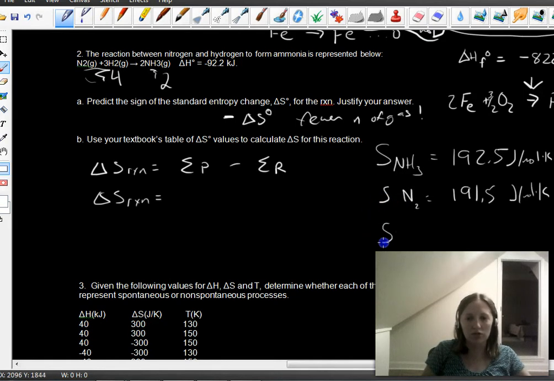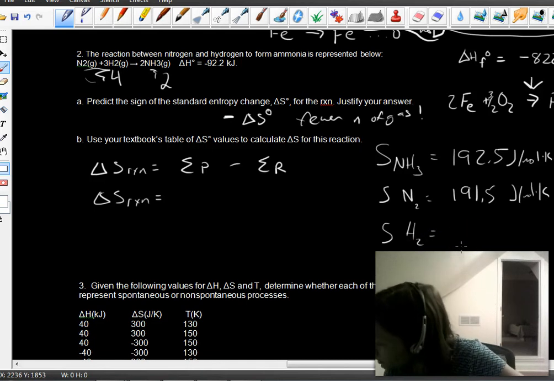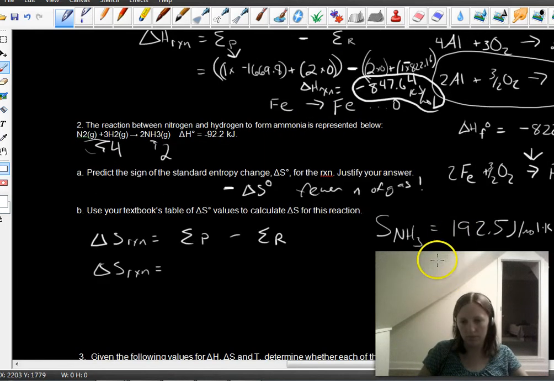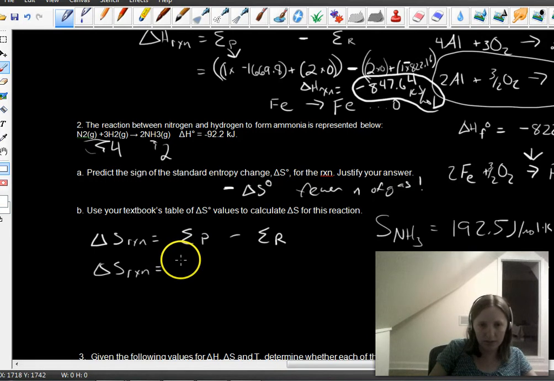Right. And then the entropy of hydrogen gas is 130.58. Okay, so the sum of the products and the sum of the reactants. The products being ammonia, you've also got to remember that there are 2 moles of ammonia, so that's 2 times 192.5.